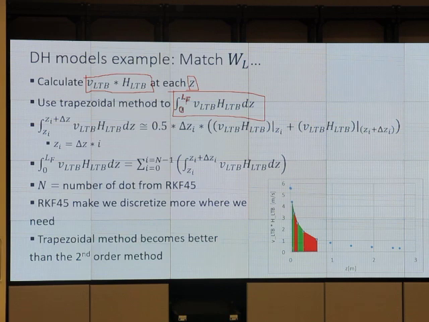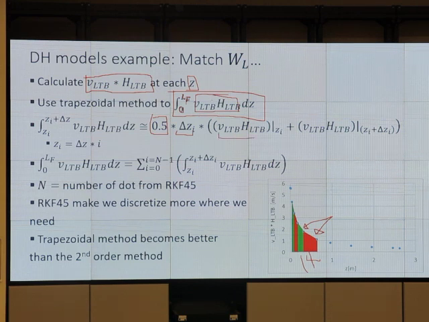The trapezoidal method has to do with the trapezoidal shape. You see that green trapezoidal shape, or red and green, the red one and the green one over there. The formula is 0.5 multiplied by the gap, delta z, multiplied by the summation of the parallel heights.